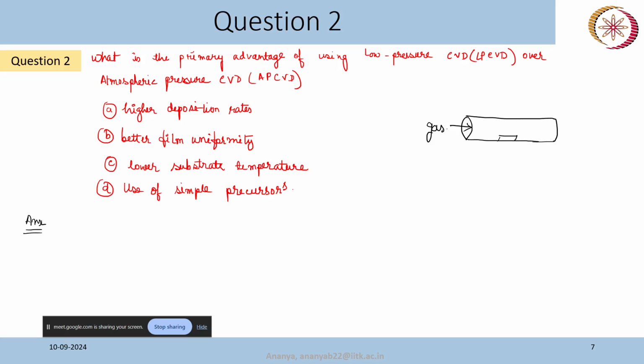There will be no extra molecules or atoms or any particles inside this tube, because we will maintain a lower pressure, and you will get a better film, better in terms of uniformity, better in terms of thickness control. The control of the thickness will be more compared to atmospheric pressure CVD. Okay. So the correct option is better film uniformity.